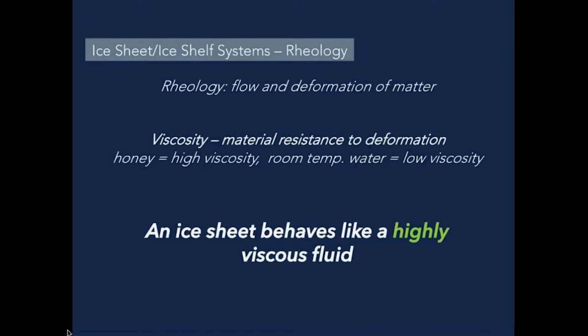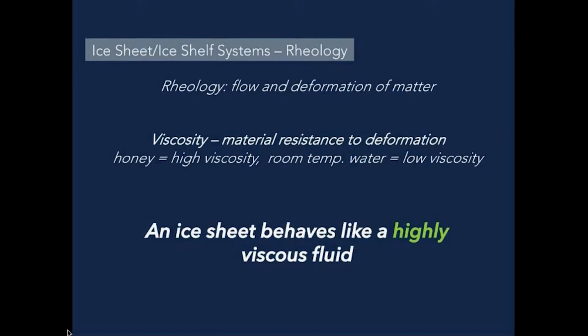So I mentioned that an ice sheet flows, and that might seem a little counterintuitive initially, especially considering that we usually think of ice as a solid material in our everyday lives. Think of an ice cube. That's definitely solid. But on the scale that we're talking about here, the rheology, or the flow and deformation properties of ice, actually are more like a very, very viscous fluid. And viscosity is the resistance to flow of materials.